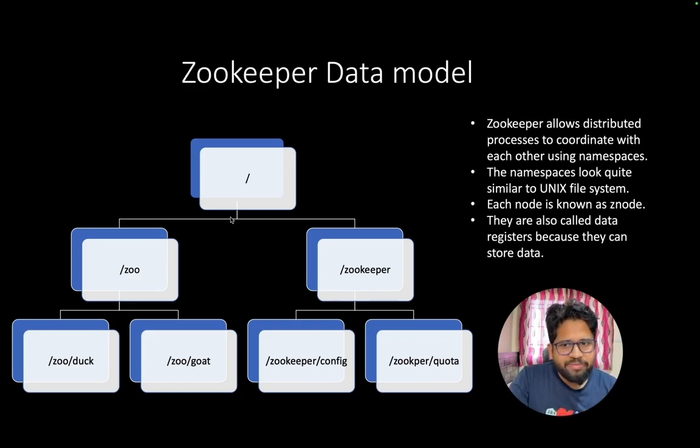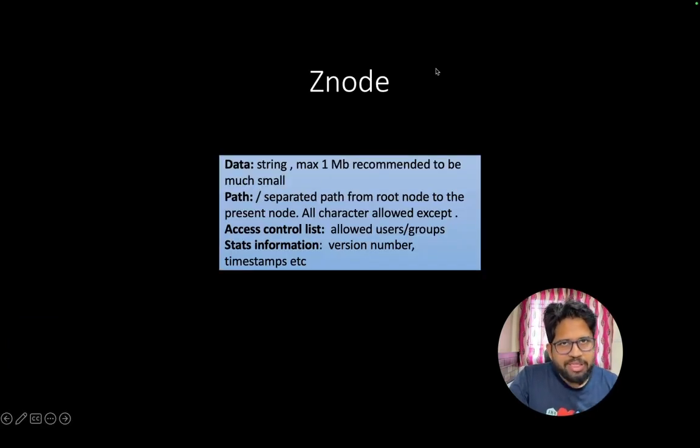Now what we'll do is zoom into one of the nodes and see what information can be stored in one particular node. So each node is called a znode and they store a bunch of important properties. The first is data, just like the tree. You have a node and you can store data in that particular node here as well. And then you have a path, which is a /-separated path.